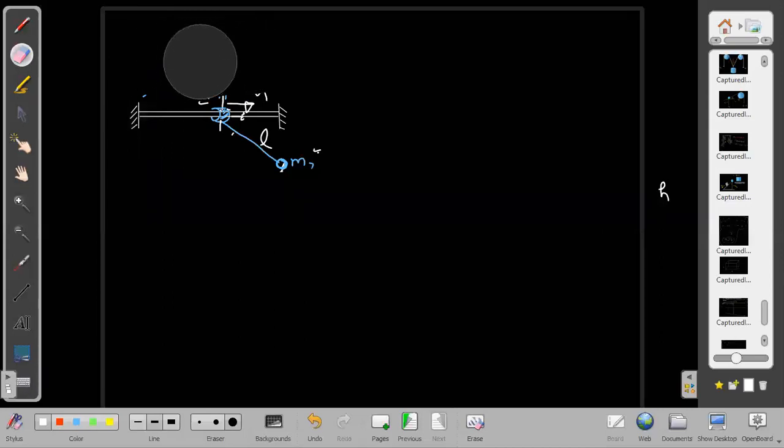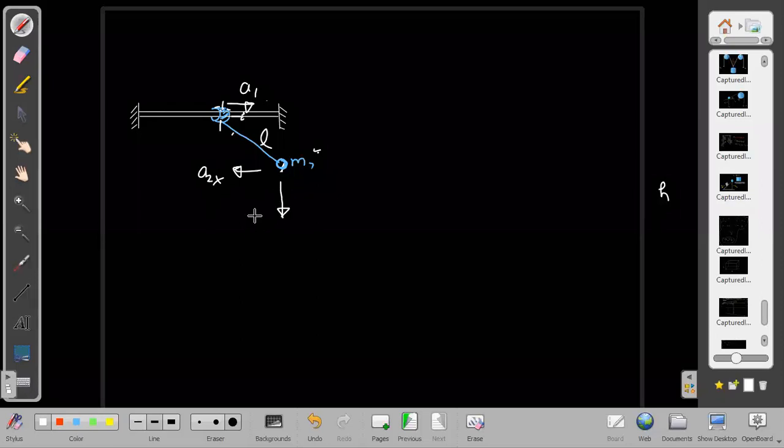So the normal is acting on this in the upward direction, that we know. Last time I wrote velocities here, but now I will write accelerations. Let its acceleration be a1. Then its acceleration along horizontal will be a2x, and it will have some vertical acceleration also, that will be a2y.